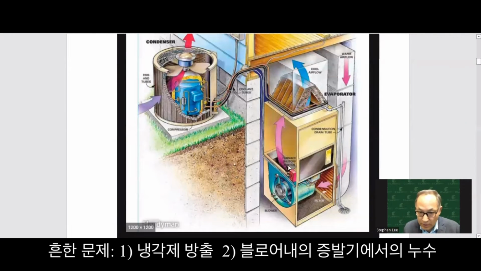But for convenience, for saving space, usually we put this unit above the ceiling.